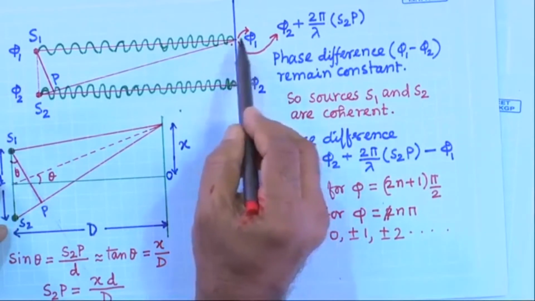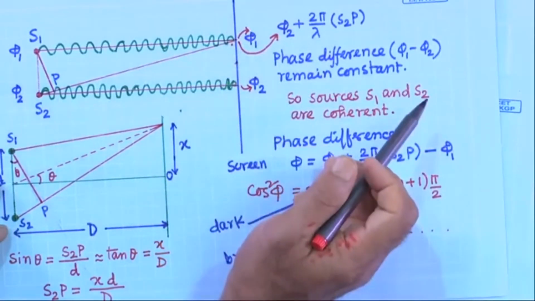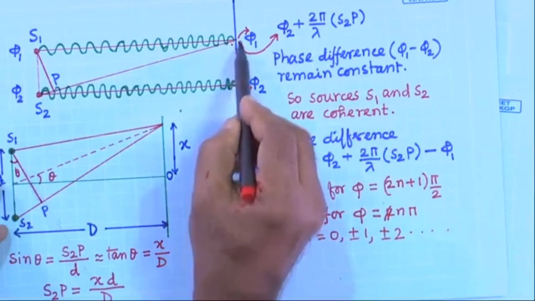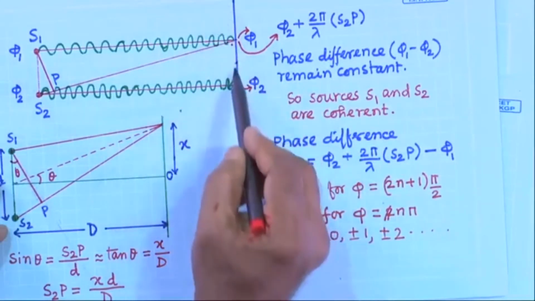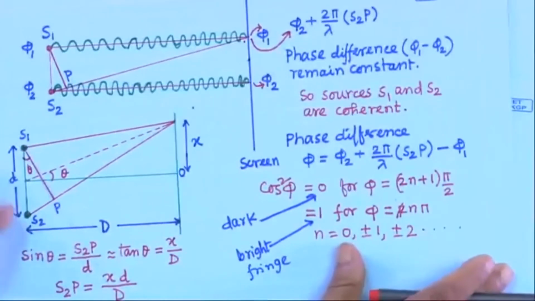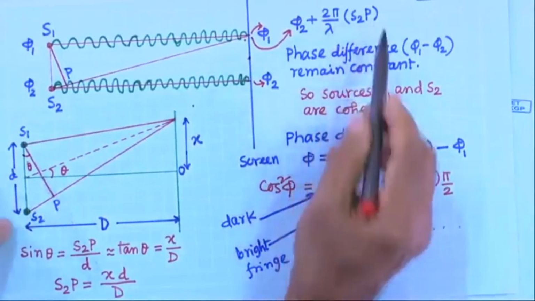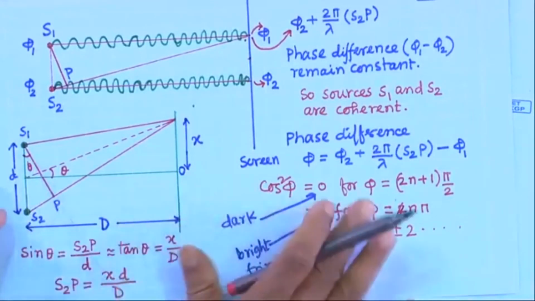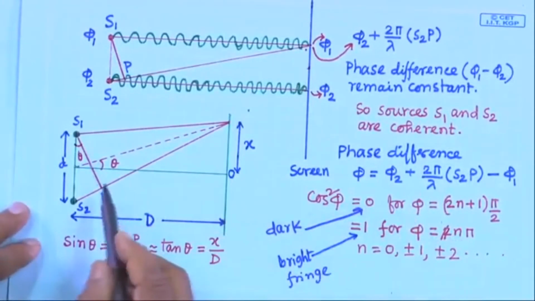These are called the orders of the interference, upside as well as downside. This path difference S to P, one can calculate, very important.